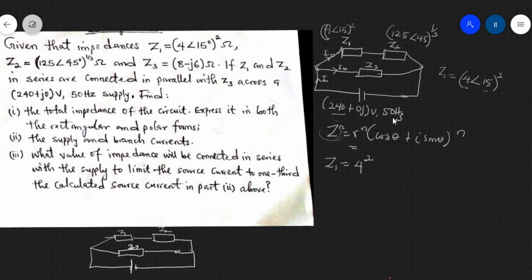For the angular part, it's going to multiply it, but for the radius part, the unit, it's going to square it. So here it's going to be 4 squared into cos 2 theta plus j sine 2 theta.